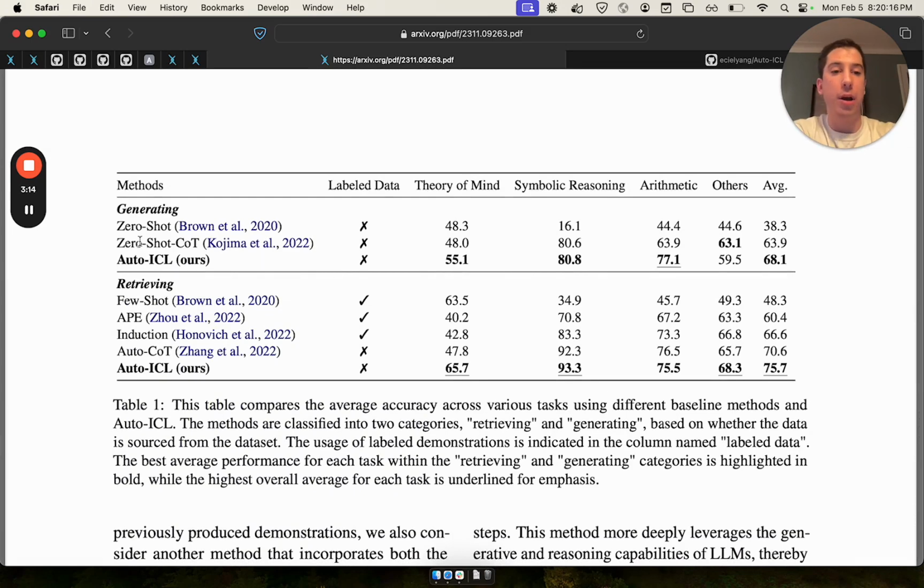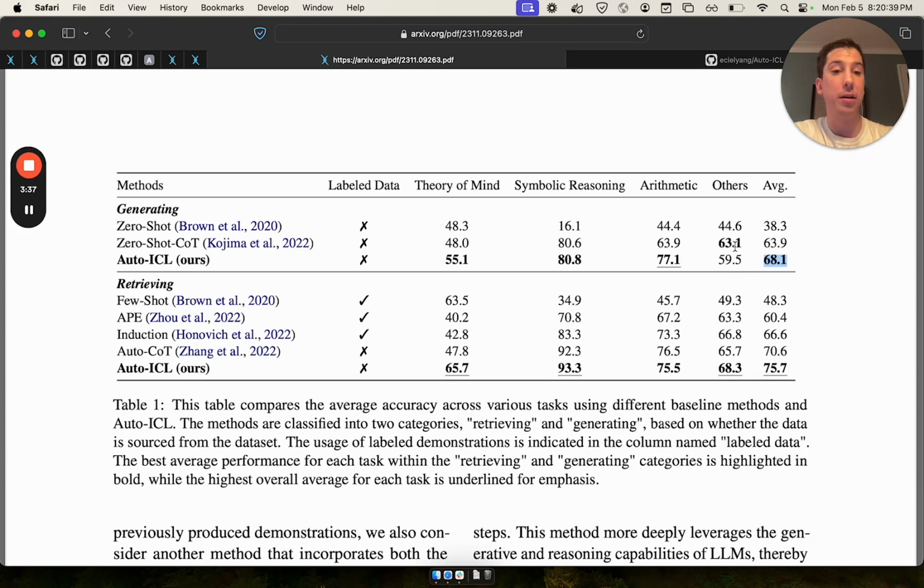And then they show a classic results graph here, or tables showing that if you zero shot, on some of these, your average score is going to be around 38. Whereas if you add in chain of thought, you bump up all the way to 64. And then using their auto in-context learning, you can get another 4 points on that, up to 68.